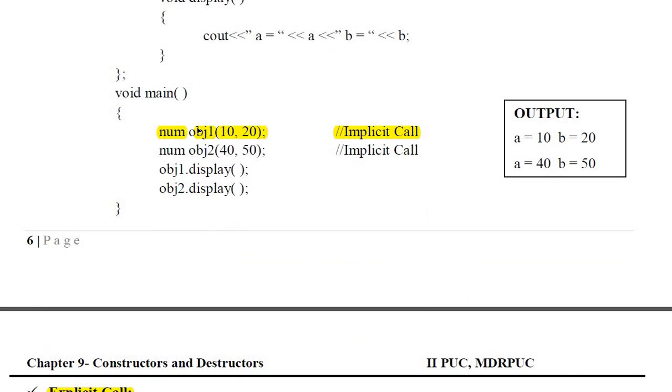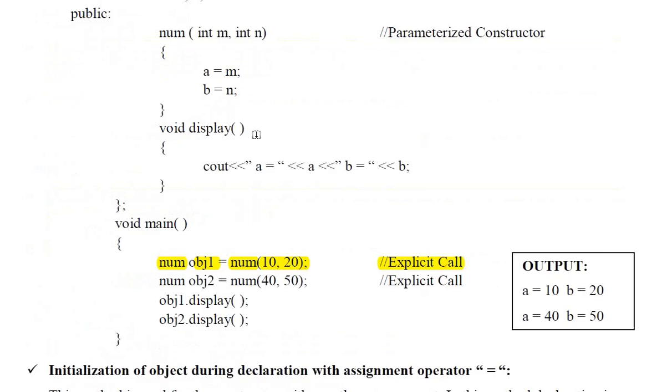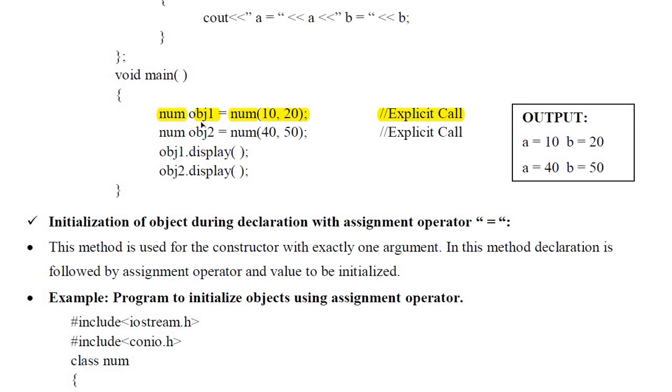But in an implicit call, we are not using the constructor name. Directly we are giving the values to the object, and we are not using the equal to symbol. So in an implicit call, the equal to symbol is not used and the constructor name is also not used. But in an explicit call, when creating an object, we are using the equal to symbol and the name of the constructor.